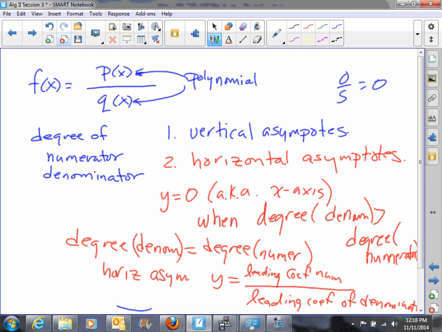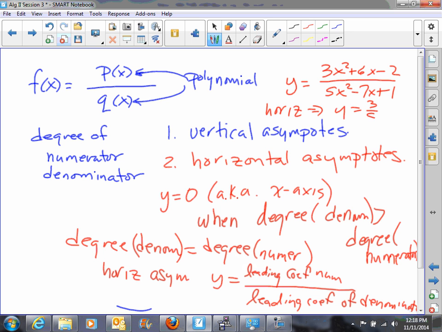So let's see if I can't just write an example up here. For example, if you have y equals 3x squared plus 6x minus 2 over 5x squared minus 7x plus 1, then the horizontal asymptote will be y equals 3/5.